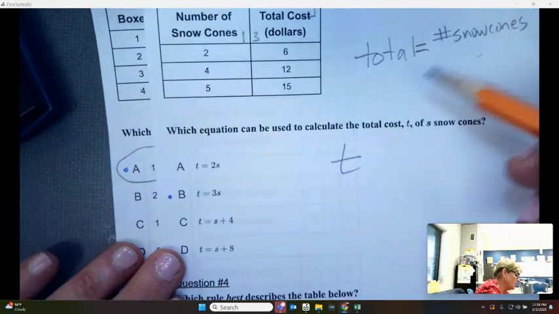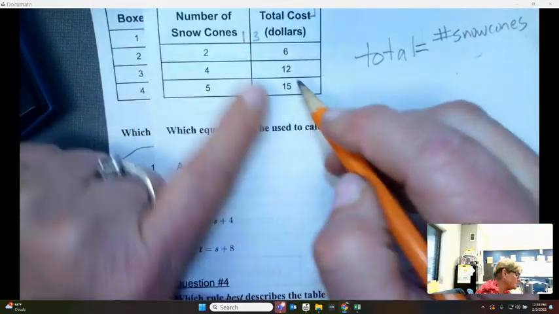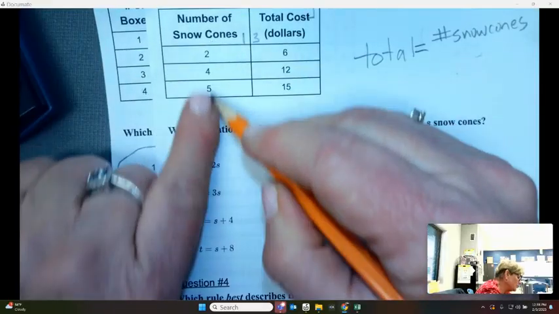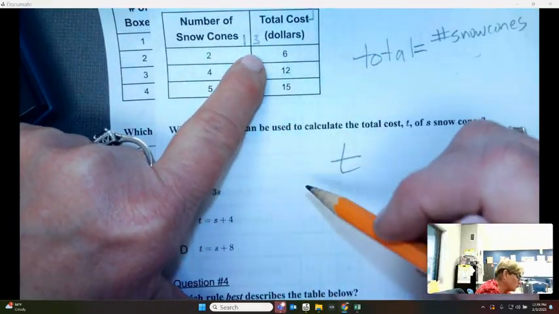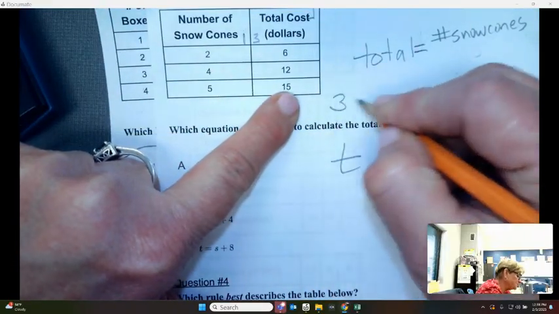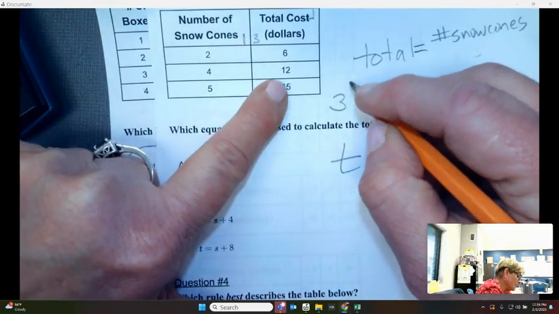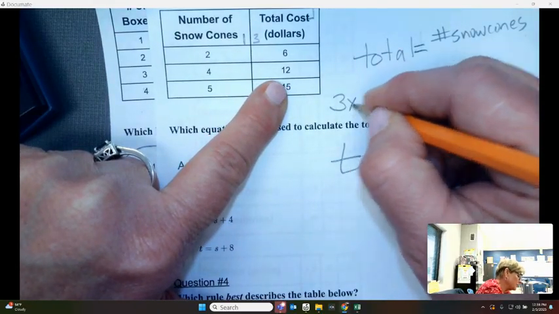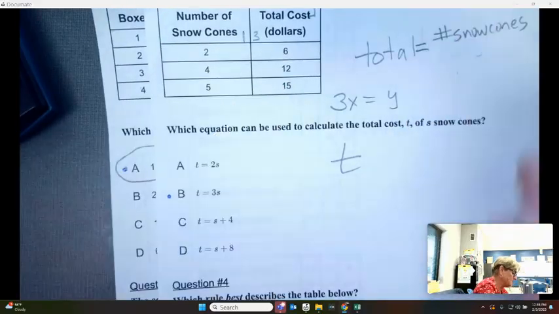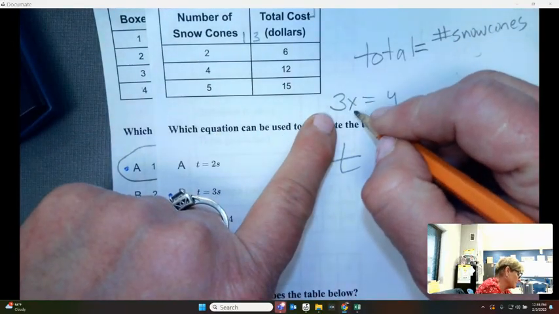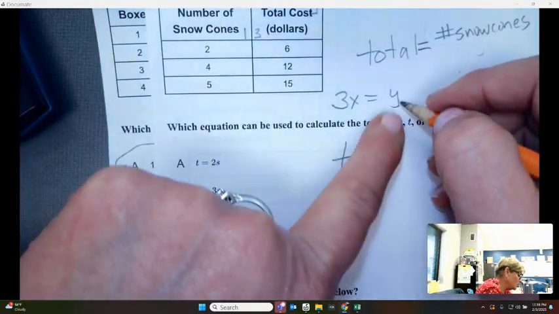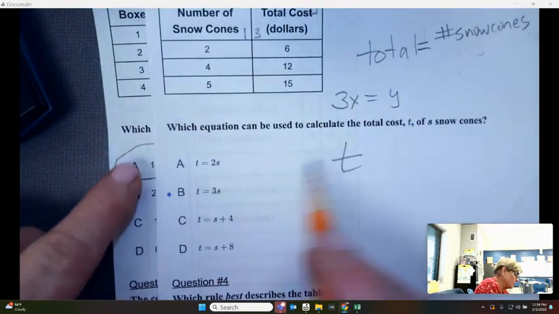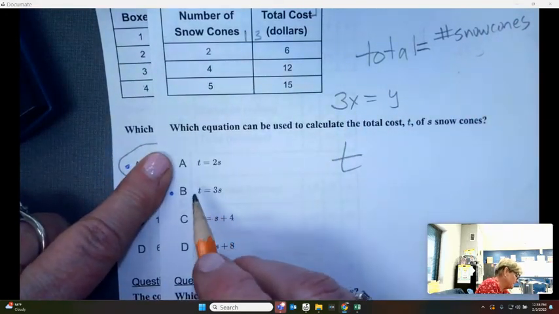For every 1 snow cone, you could charge $3. So you would multiply the number of snow cones times the price for 1. So that would be 3 times whatever the snow cones are. So 3 times X equals Y, or 3 times the number of snow cones equals the total. So it's going to be the total equals 3 times X.